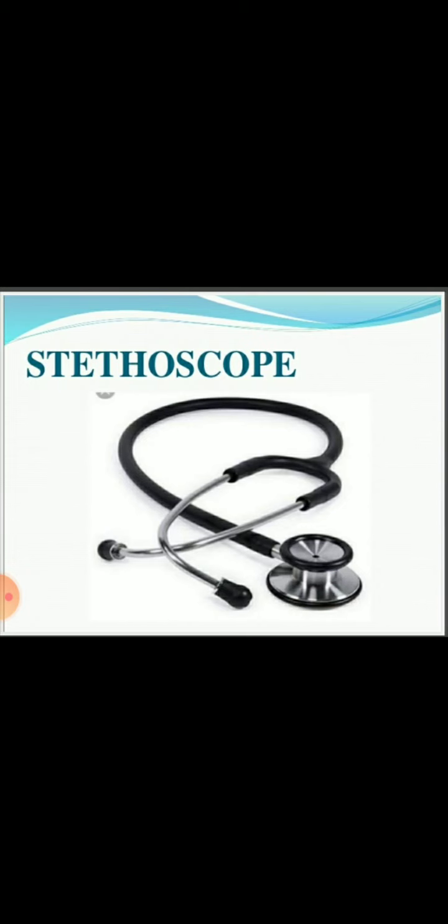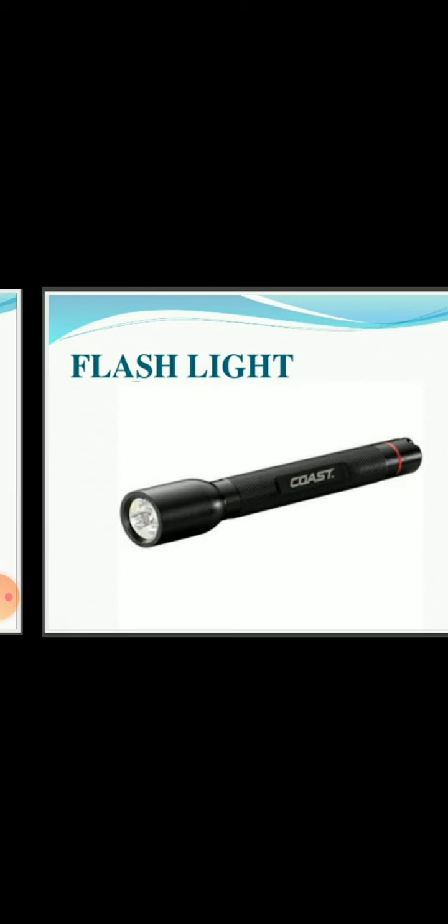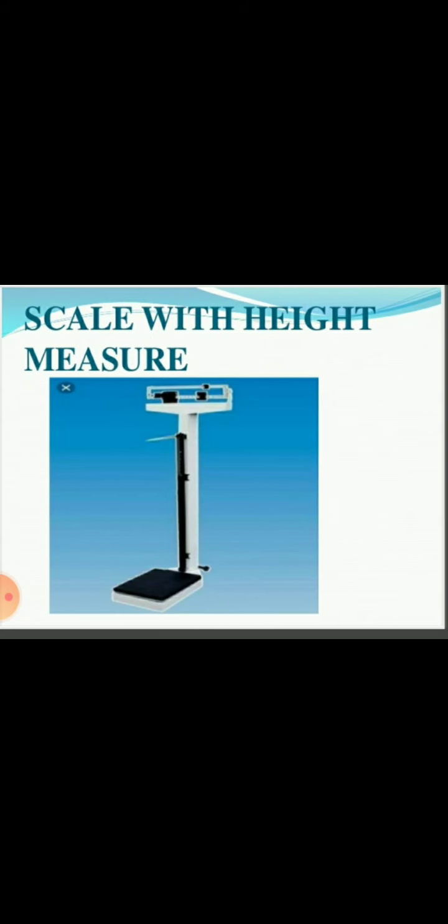Stethoscope is also used to check the bowel sounds and heart rate. Okay. Next is the flashlight. Flashlight is also used in physical examination. Next is the watch. Watch is very important when we are doing physical examination of the patient.